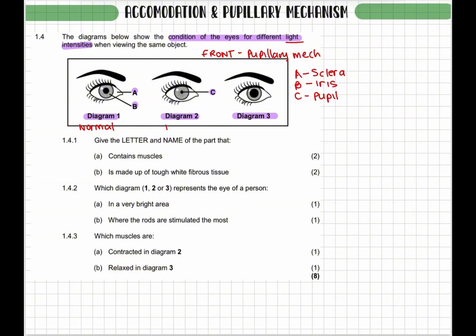Diagram number 2 would be bright light, and diagram 3 is dim light. Now also take note that pupillary mechanism is controlled by the iris, and the muscles involved here are circular muscles and radial muscles.